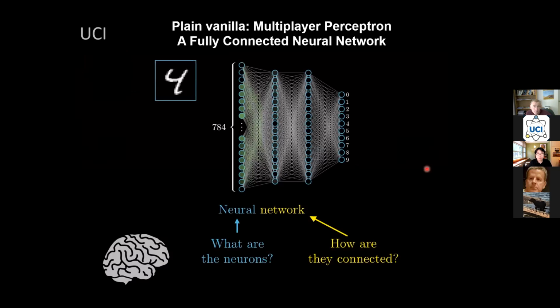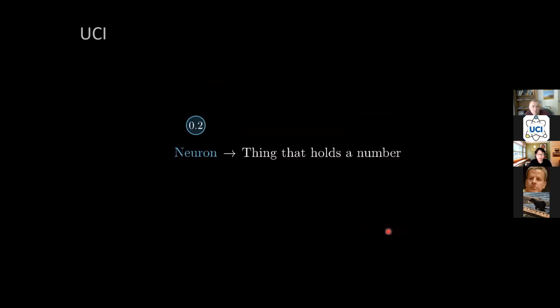For today, I'm going to just talk about the plain vanilla version of a neural network. In old literature it is called the multilayer perceptron, and it's a fully connected neural network structure. And here the question is, if you call it a neural network, what are neurons, and how are they connected, right? So a neuron is a thing that was just made up by the machine learning people, right?